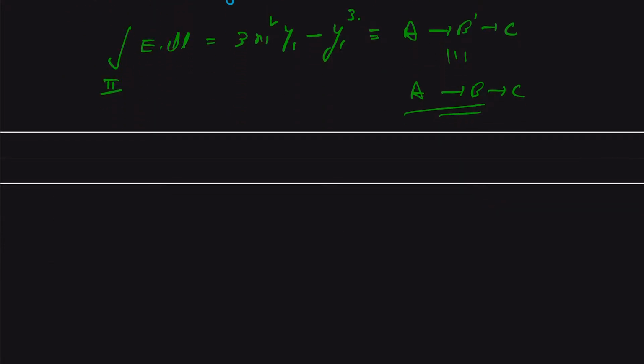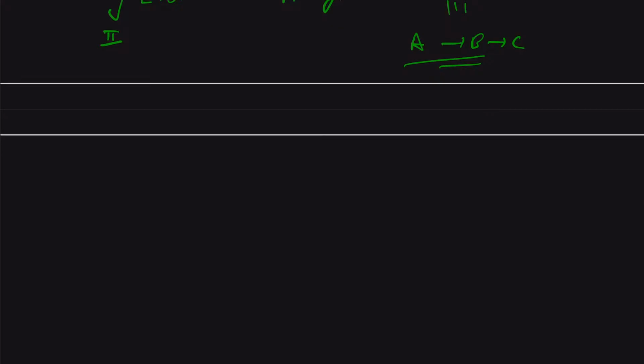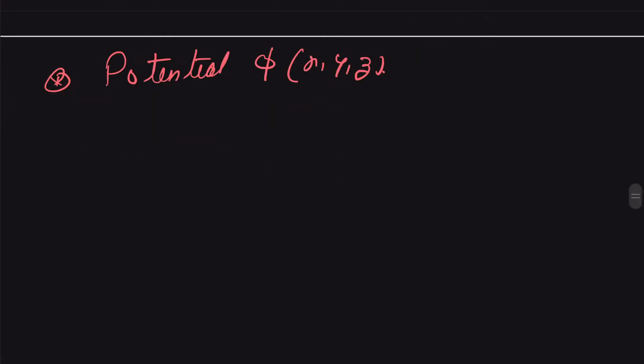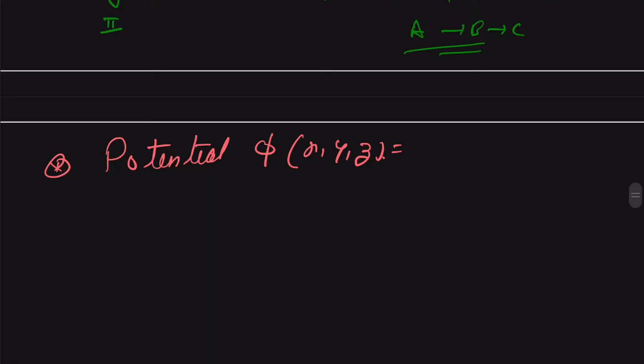Now from here we can find out our potential also. So we can say the potential, that is phi, is going to have x, y and z. And we know that the potential by definition is equal to the negative of this line integral.